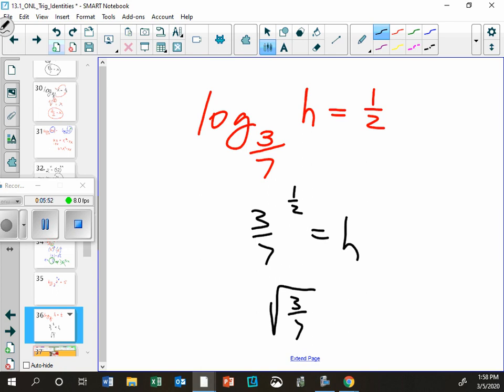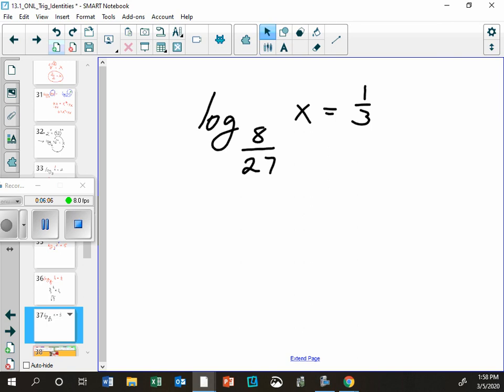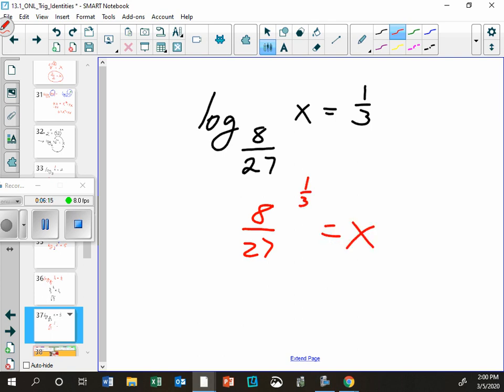All right. Try this one. Okay, so you should have 8 over 27 to the power of 1/3 equals x, and that may seem gross, but you can do it.